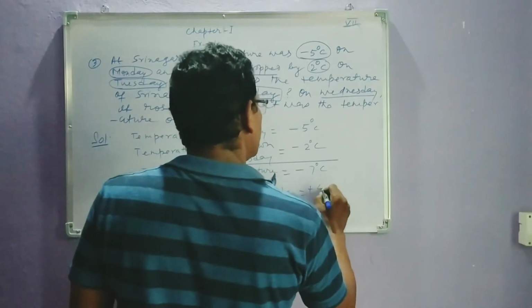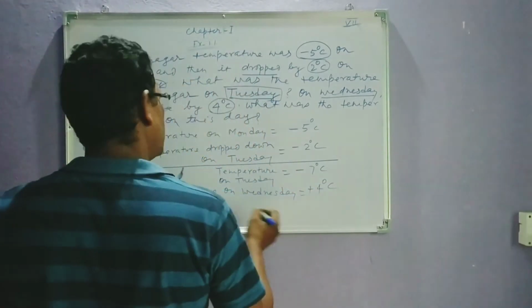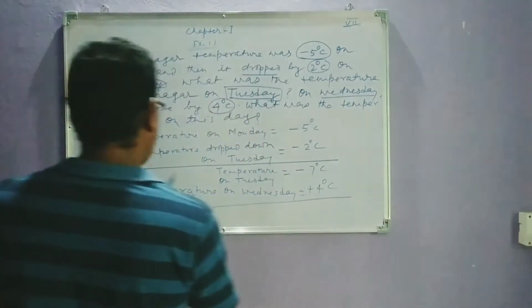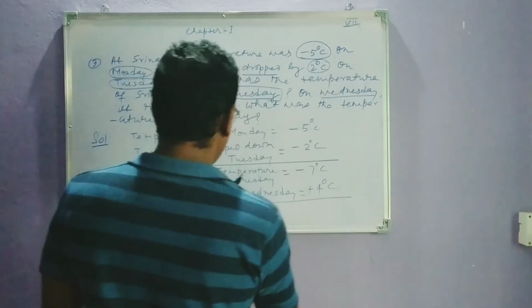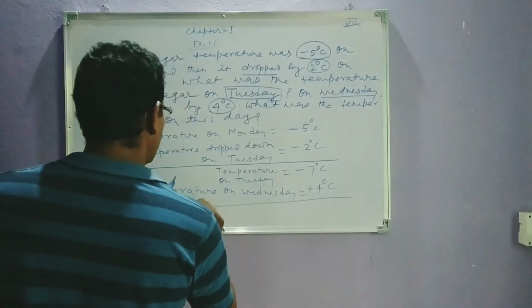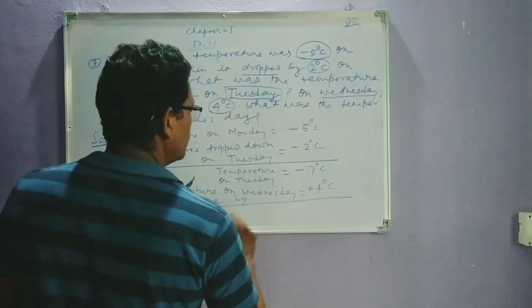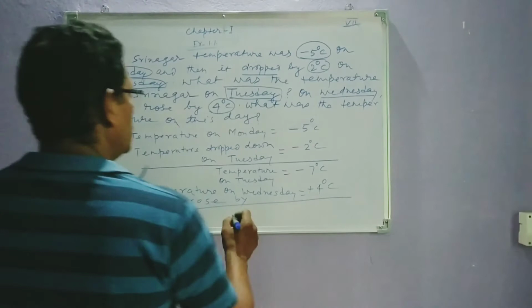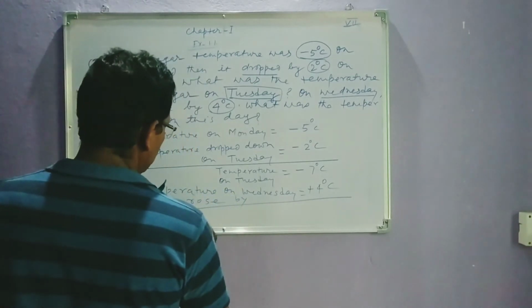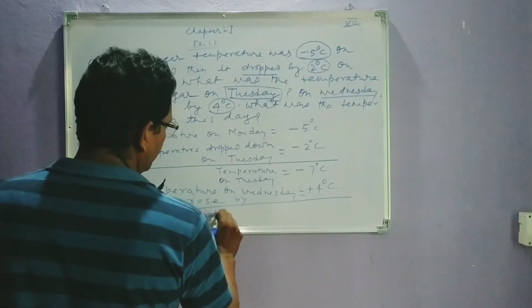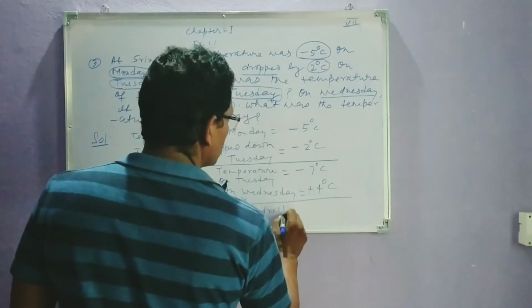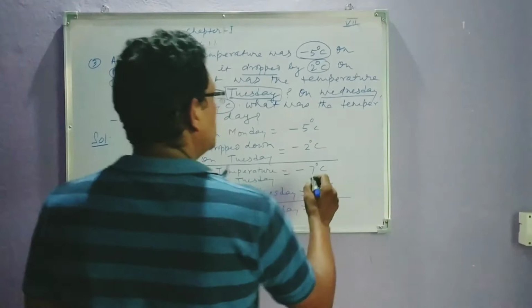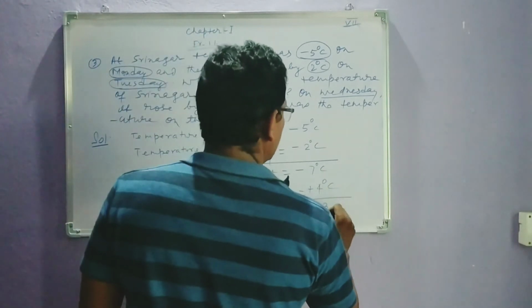So plus 4 degrees Celsius. Temperature on Wednesday rose by 4 degrees Celsius. So the temperature on Wednesday is equal to minus 7 plus 4, that is 3.